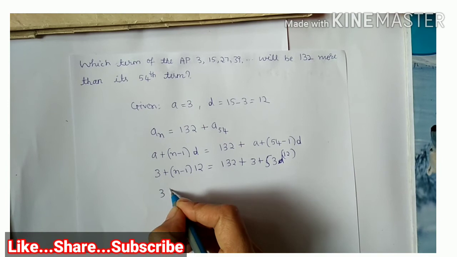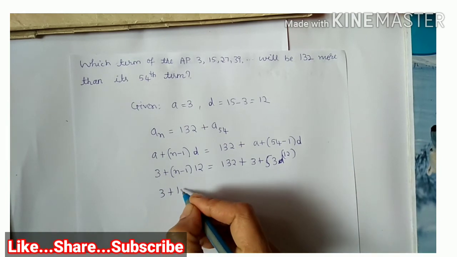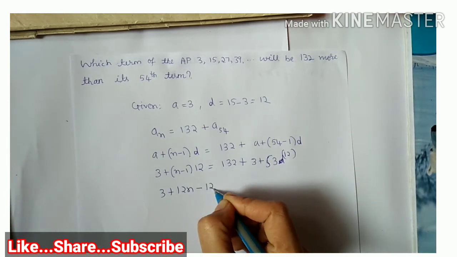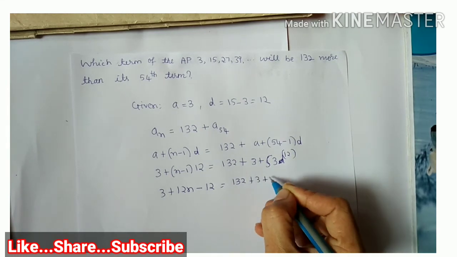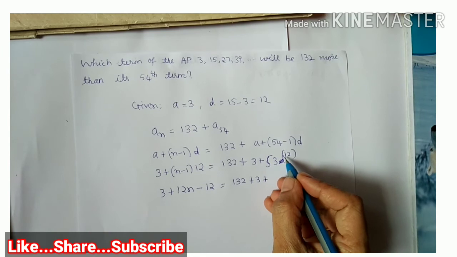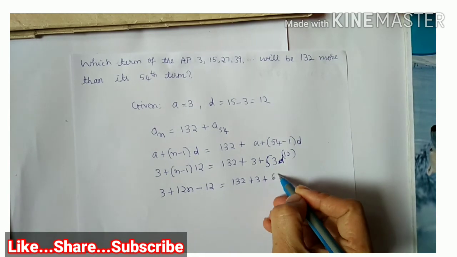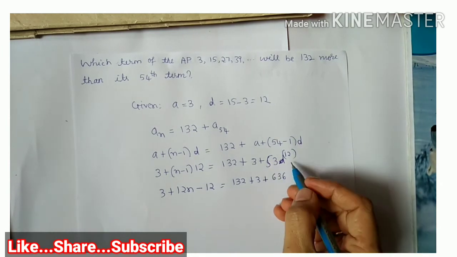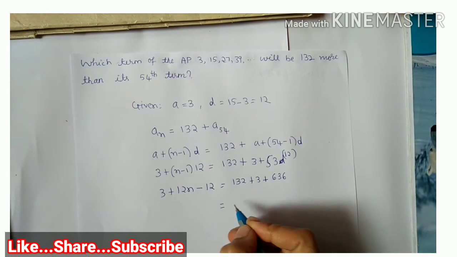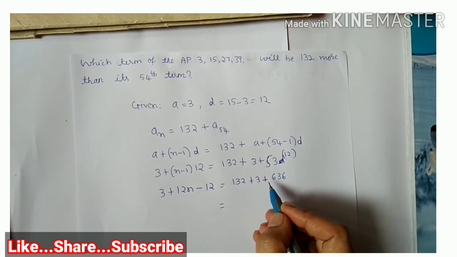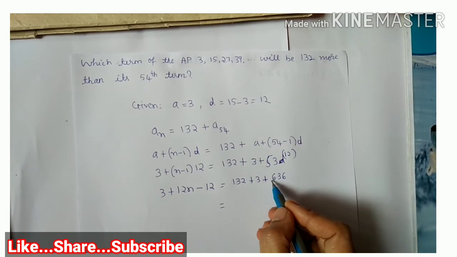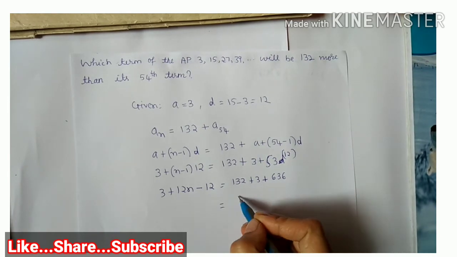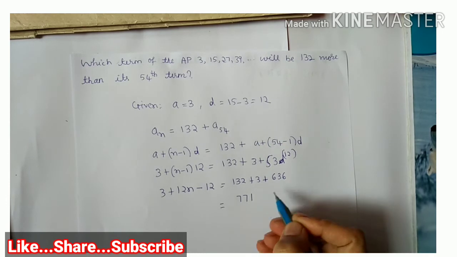Therefore 3 plus 12n minus 12 is equal to 132 plus 3 plus 53 into 12. 53 into 12 is 636. Here 132 plus 3 plus 636 is 771.